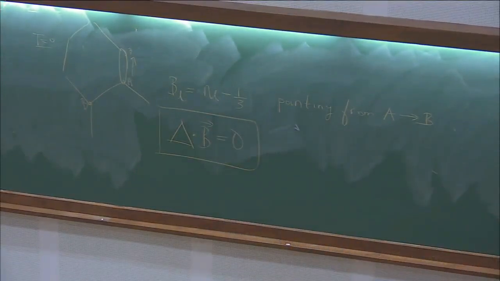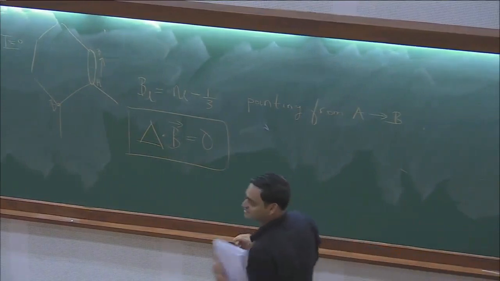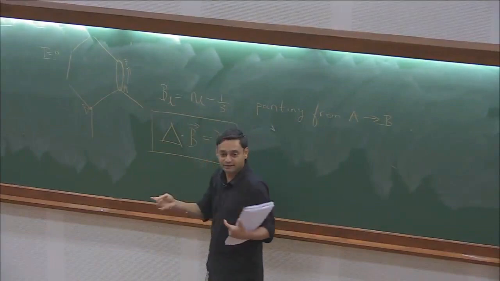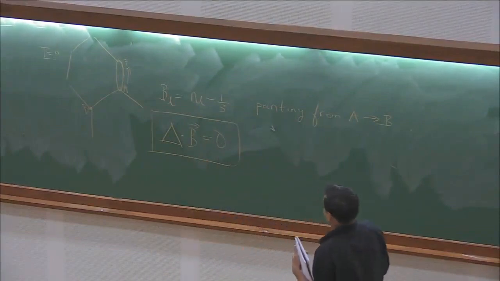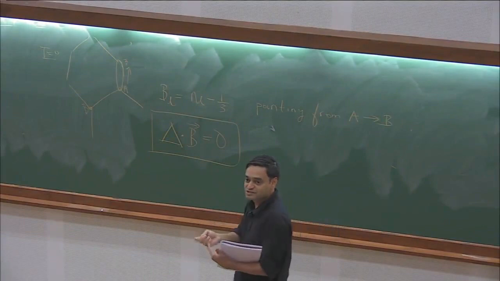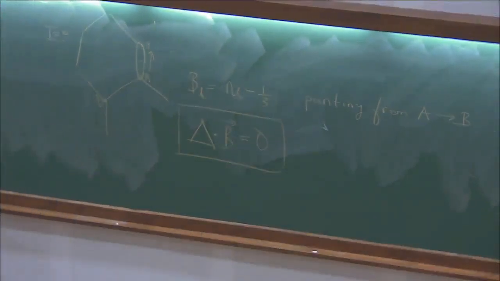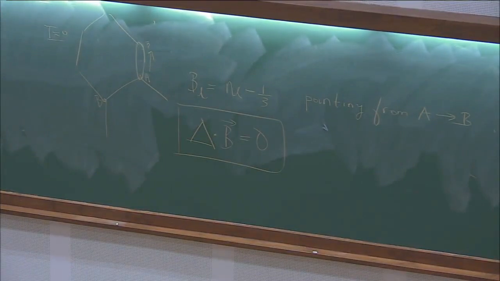Now if this was 3 dimensions, and we'll come to 3 dimensions in a bit, you would solve this by writing B equal to curl A and proceed. But in 2 dimensions, you don't really need the whole vector apparatus of curls. You can think of it on the lattice like this. You go back to the original triangular lattice and define what I call height fields, which are scalar variables that live on the triangular lattice. These are not my original spins, although they live on the same lattice as my original spins.